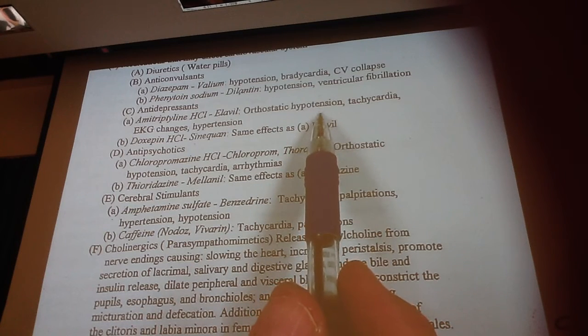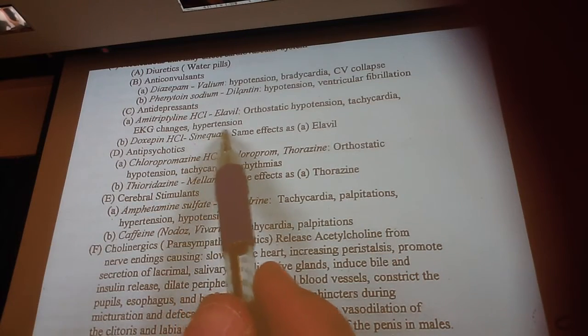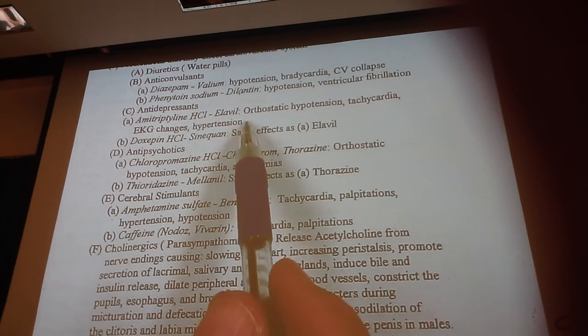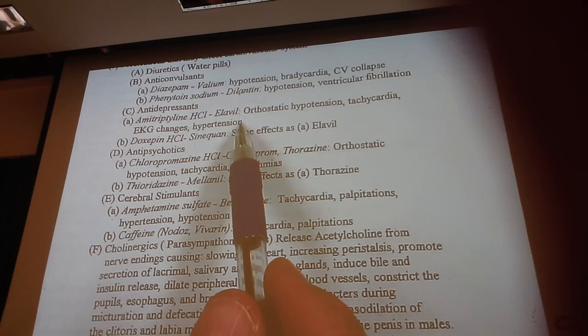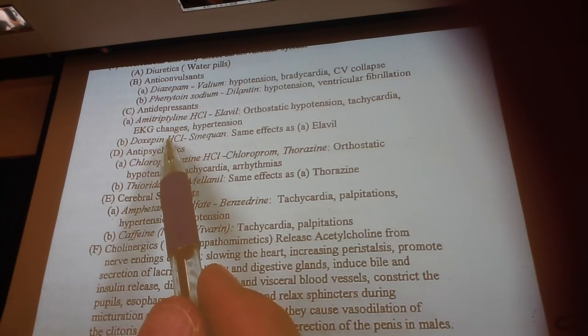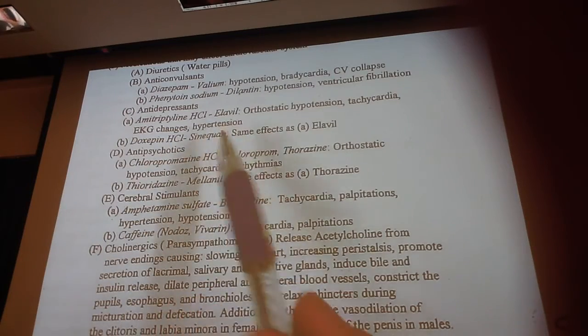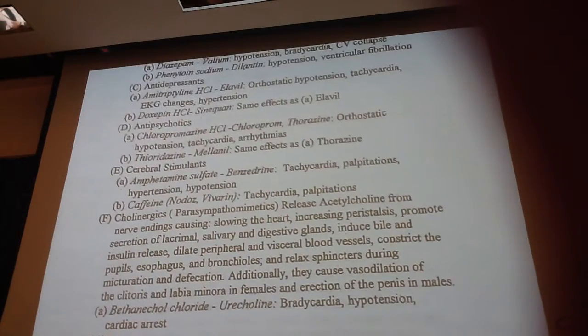Potentially a dangerous situation if they pass out on you and hit their head. Also notice tachycardia, EKG changes, hypertension. If you remember that you may be the person monitoring the EKG, and if you start seeing EKG changes, then normally that's an indication to stop the study, because something may be going on. So you've got to be aware if they're taking drugs. Okay.